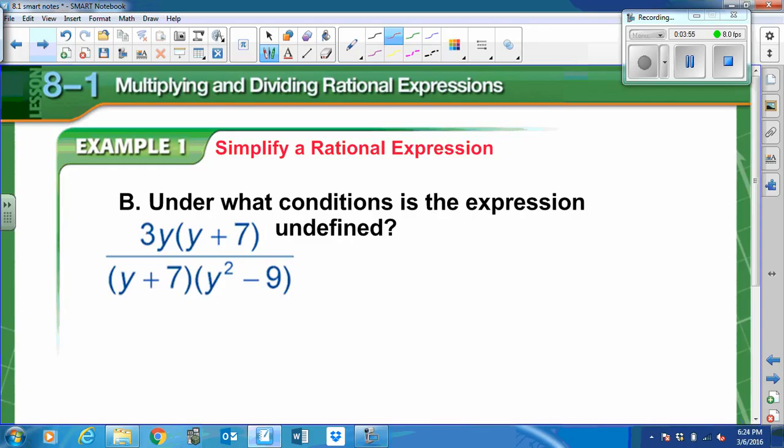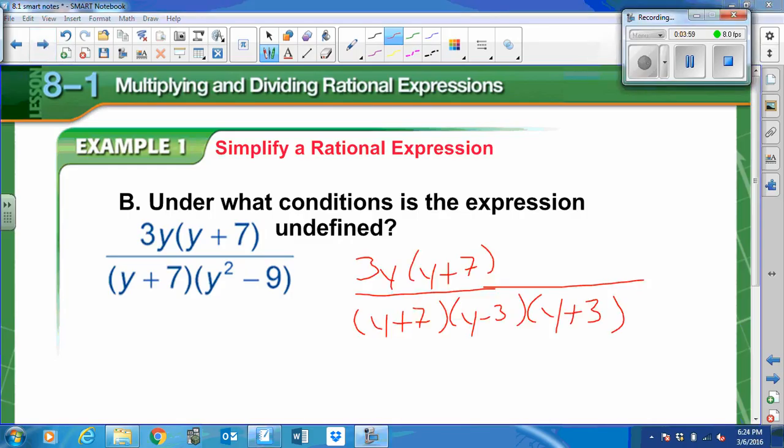So under what conditions is the expression undefined? I just went ahead and wrote it instead of taking video time for that. In order to determine where an expression is undefined, you have to do that before you cancel anything. And if you think about where it's undefined, it's all based on the denominator can't equal 0.